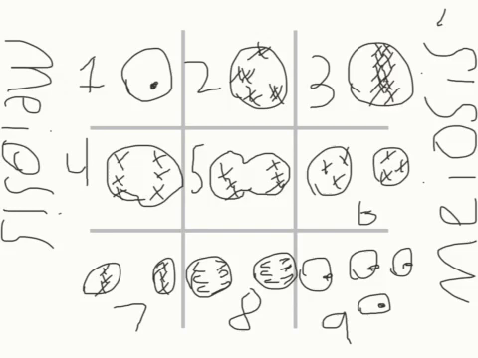Metaphase is when the homologous chromosomes line up in the center of the cell. Anaphase is when the homologous chromosomes get pulled apart. But the sister chromatids are still attached, unlike mitosis.